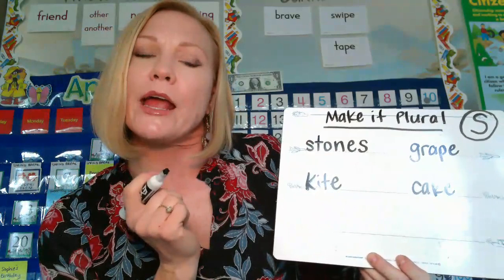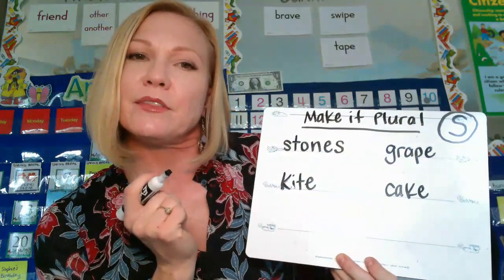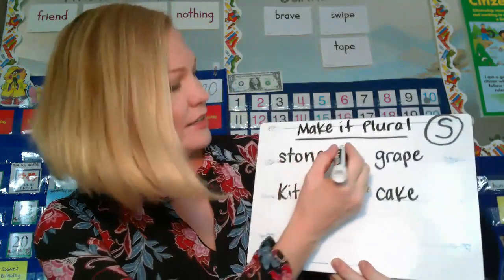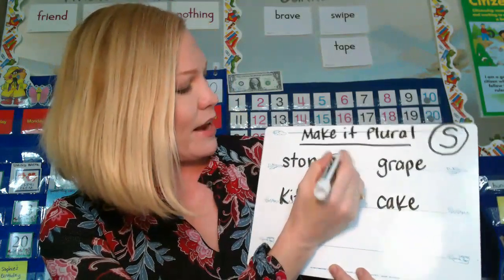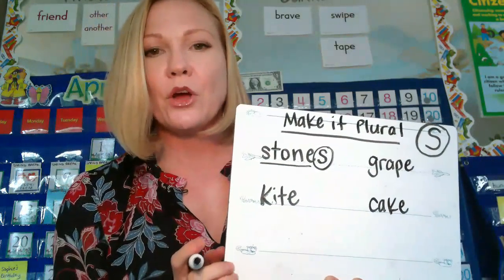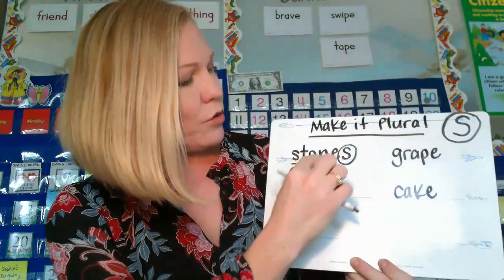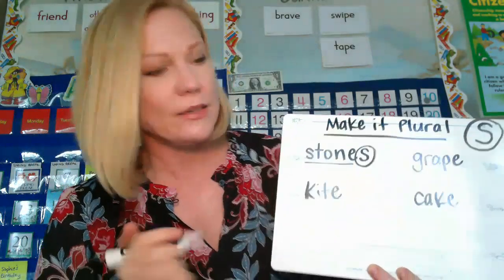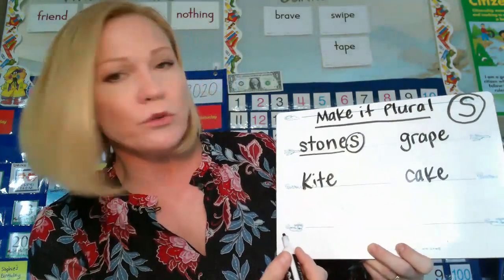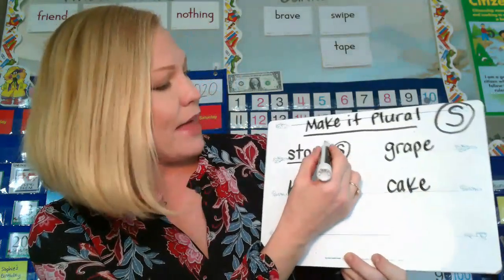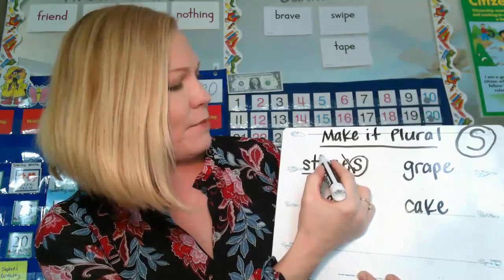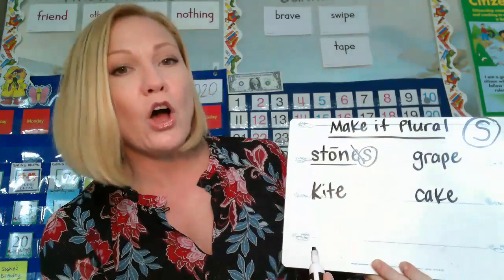Remember how we mark a suffix on a word? That's right. We circle it. Circle the suffix and underline the base word. That's how we know that this is the word stone, and we've added the S to the end. What else can we do to this word? Well, we do know it has a silent E, so I'm going to slash that E. If the E is silent, that means the O is long.